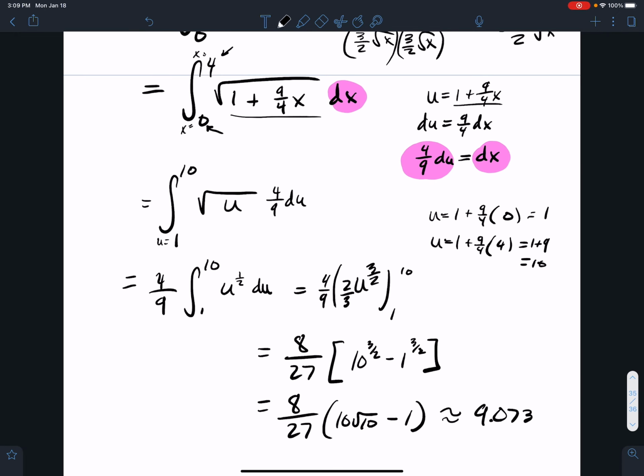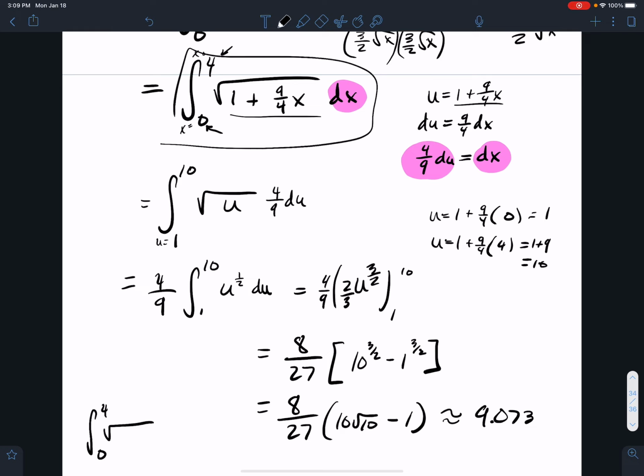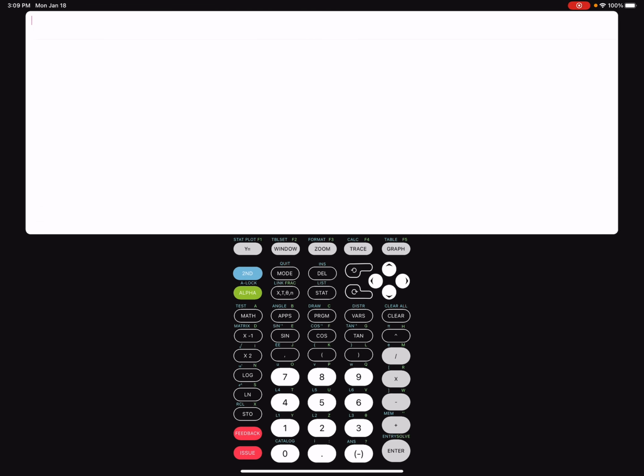Okay, now how do we do this in a calculator? So type this in a calculator, this piece up here, 0 to 4 square root 1 plus 9 over 4 x dx. So I'm going to hit math and 9.